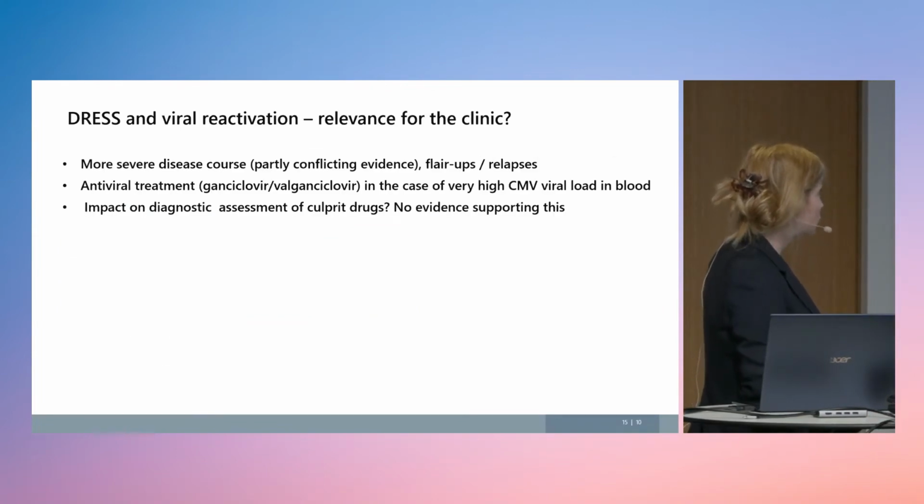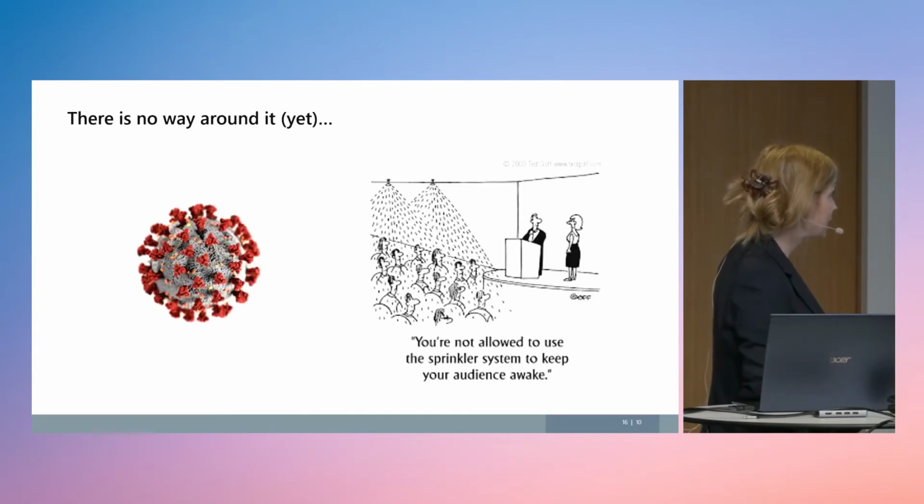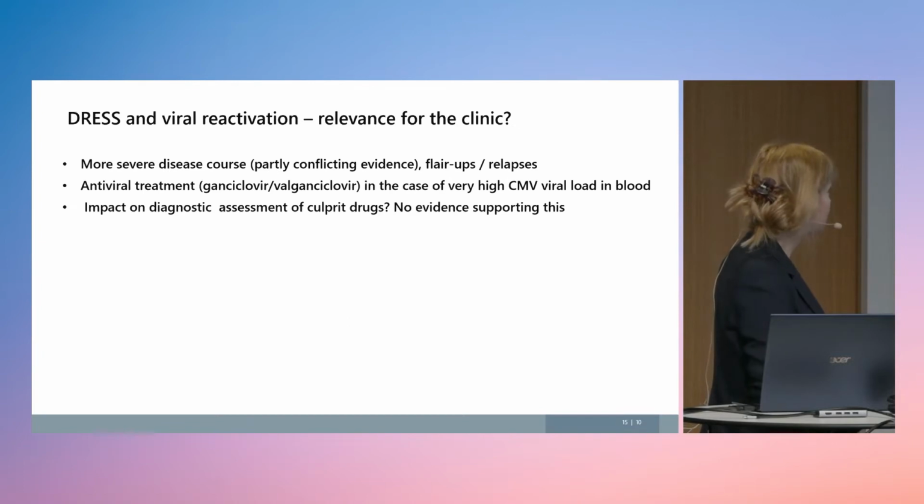Now, just to sum this up for the relevance to the clinic. So we have seen that in DRESS we might have a more severe course, or even these flare-ups and relapses. Then in terms of DRESS treatment, what is done, at least in the case of very high CMV viral load in the blood, is that patients are treated with antiviral agents such as ganciclovir and valganciclovir.